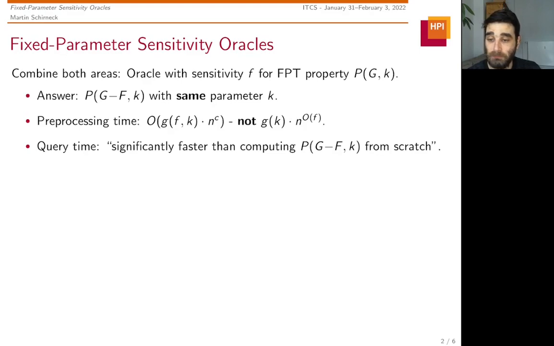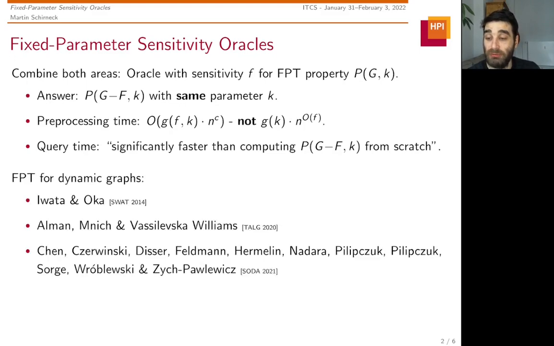The idea to transfer FPT to other areas is not entirely new. Probably closest to our work is FPT for dynamic graphs, which was started by Iwata and Oka. They discussed the vertex cover and the cluster path problem in a dynamic setting parameterized by the solution size, which will also be the examples in my talk.